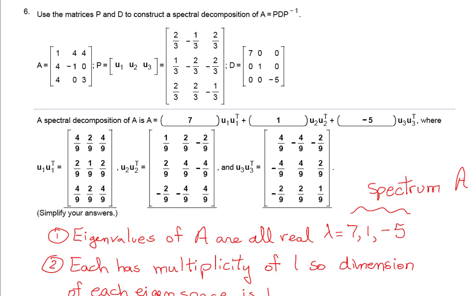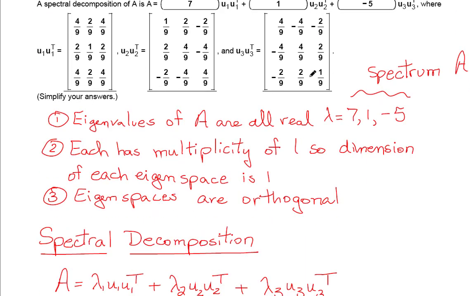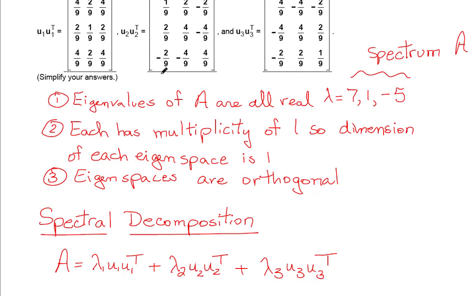Alright, in question 6, we want to use matrices P and D to construct what is called the spectral decomposition of A. Well, first, some things about the spectral theorem.